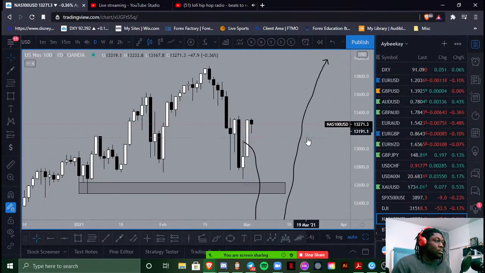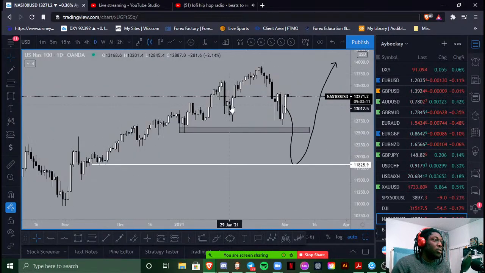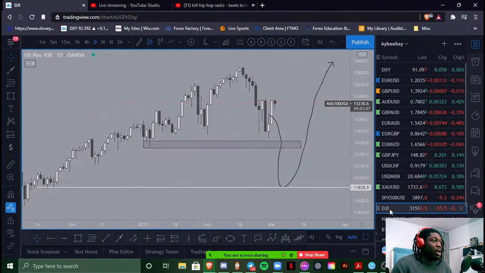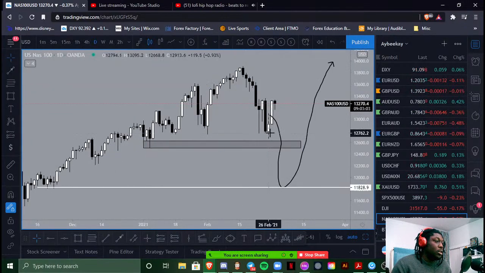NASDAQ, I personally thought I was going to do this, but it held at this zone. Lo and behold, it looks like it's just going to keep going. So if you want to sell, by all means, go ahead. I'm not looking to sell. If I would have got in, it would have been on Friday last week.